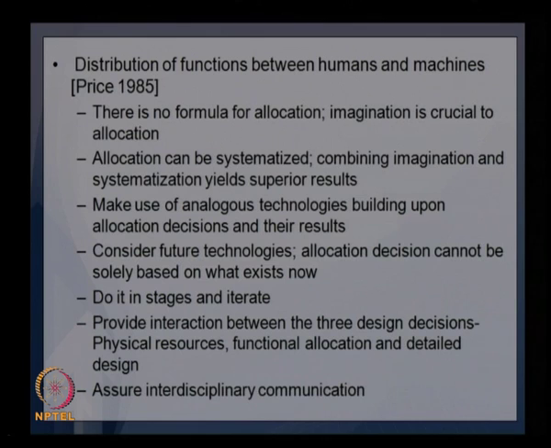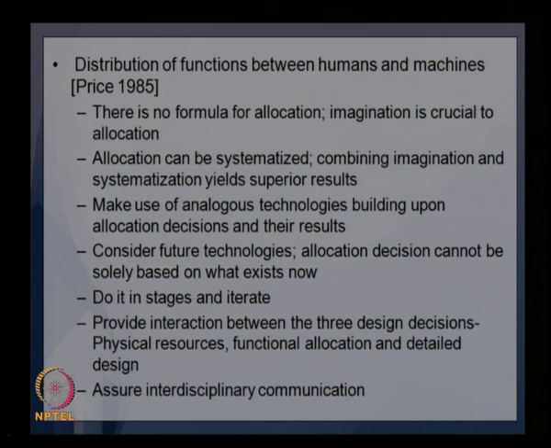The first one says that there is no formula for allocation; imagination is crucial to allocation. So, you cannot really have a formula to allocate the functions. It depends on the creativity and the imagination of the designer, which is very crucial in allocating functions to machines. The second one says allocation can be systematized, and combining imagination and systematization yields superior results.